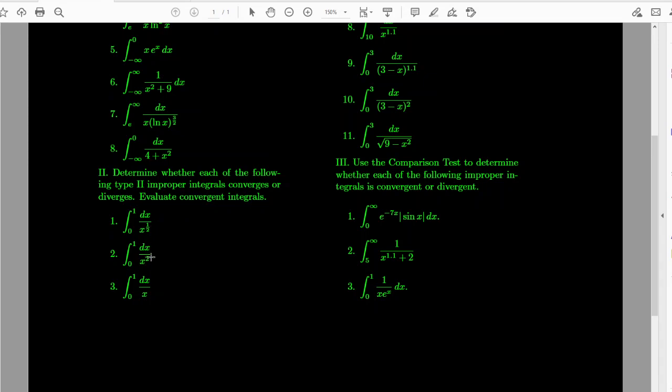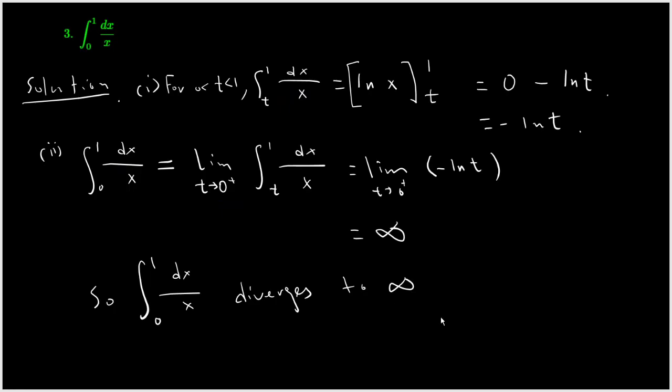Question 2 was divergent. You look at your note, okay? And question 3, which we just did, is divergent. Now I'm going to summarize type 2 P integrals. Summary.